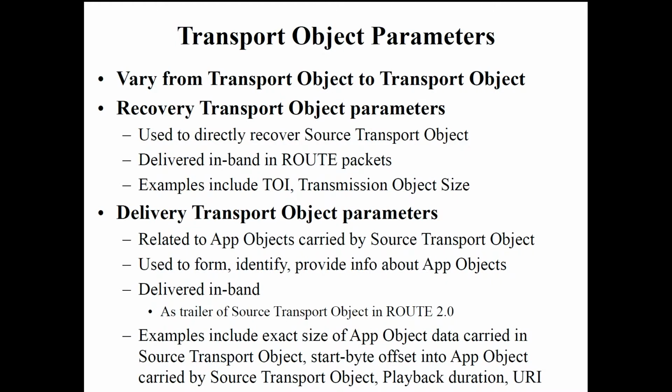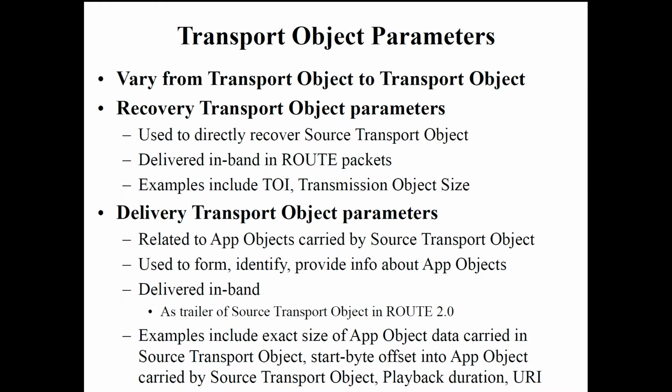I'll talk about two versions, ROUTE 1.0 and 2.0. In 2.0, these are delivered as the trailer in a source transport object. Examples of these kinds of parameters include the exact size of the application object data carried in the source transport object, a start byte offset into the application object in case the source transport object is only a partial part of an application object, the URI in case it's not being generated according to a template, and the playback duration in case it's, for example, a video file or part of a video file, and so on.